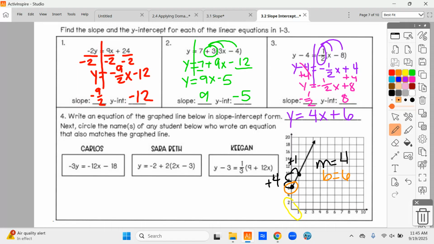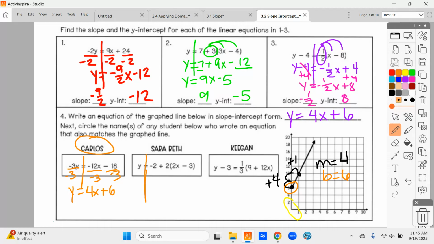Now, note Carlos and Sarabeth and Keegan do not have matching answers with me, but that doesn't mean they're wrong. So I need to simplify and solve by isolating y. So I have y equals 4x plus 6. Okay, Carlos agrees.